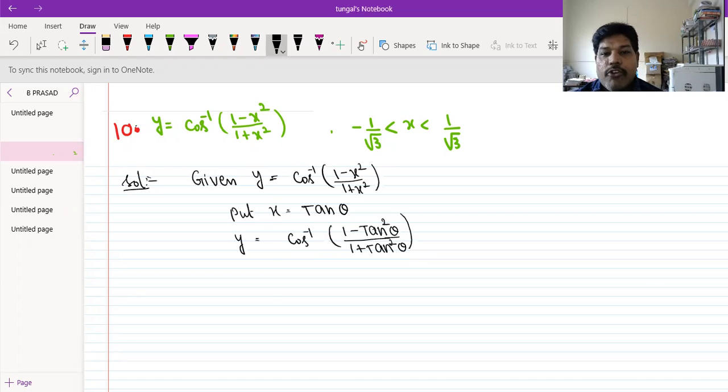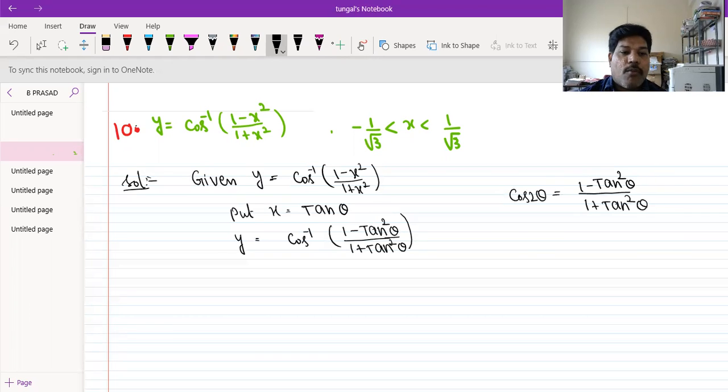Already we know the cos 2 theta formula. Cos 2 theta has a number of formulas. The formula useful here is cos 2 theta in terms of tan, which is 1 minus tan square theta by 1 plus tan square theta. So you can use this formula here.